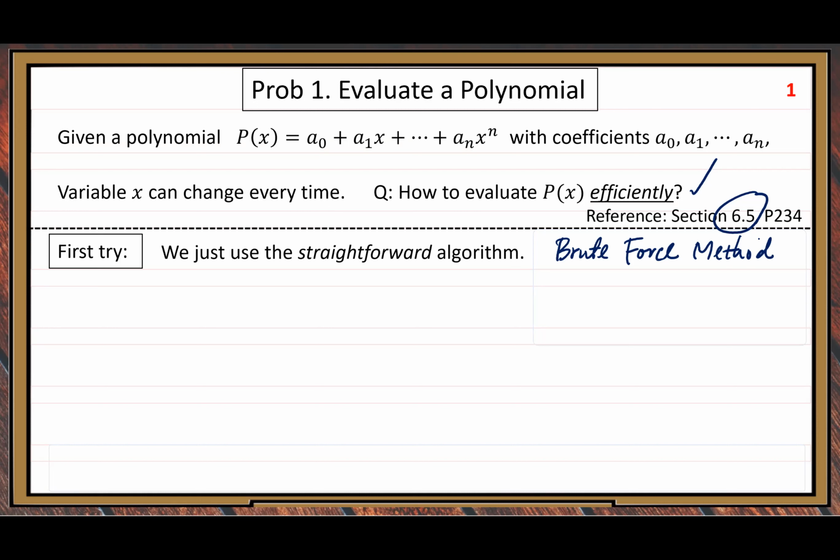Everybody can apply it without any special background. Just use our simplest knowledge that everyone has, and you can solve this problem.